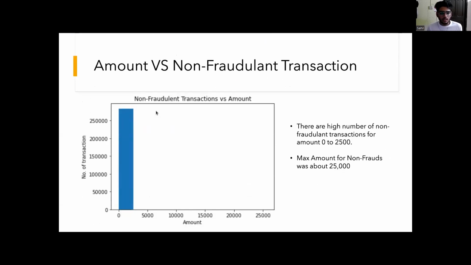And the same goes for our valid, non-fraud transactions: the amount was 0 to 2,500, and there were more than 250,000 transactions in it. And the maximum amount in non-fraud that was debited was 25,000.